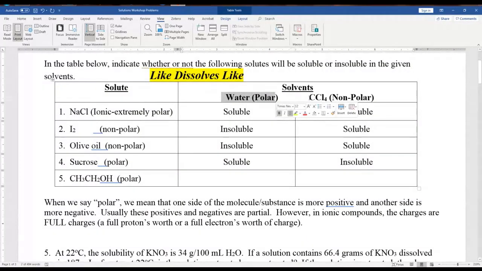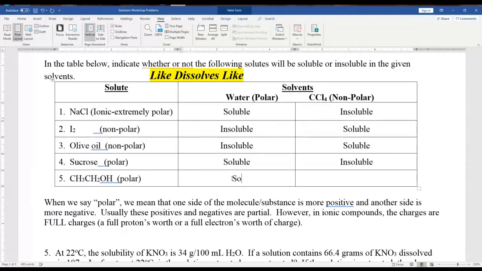So which of these two, water or CCl4, is polar? I think it's water. Yeah, water is the polar one. It's actually labeled right here. So of these two substances, which is ethanol going to dissolve in? It's going to dissolve in water.